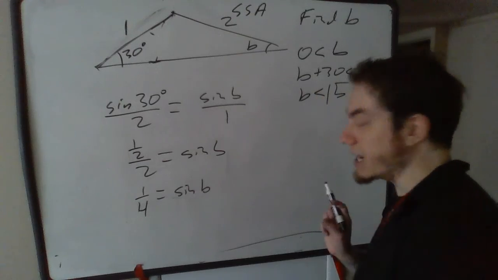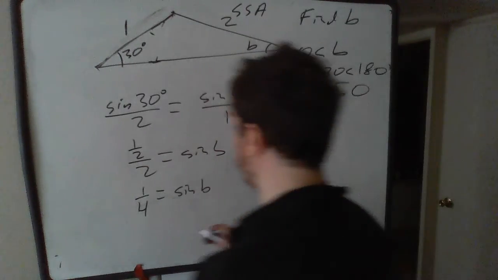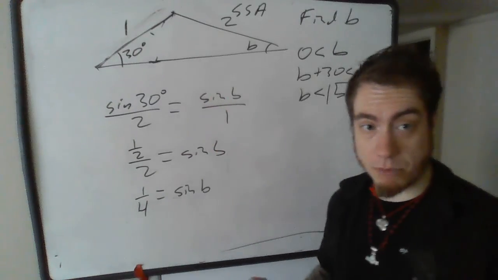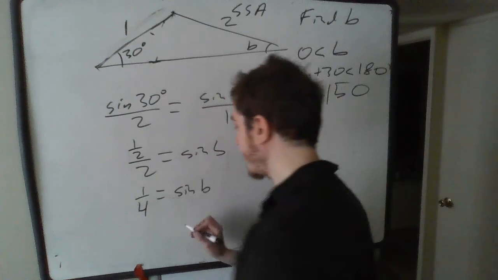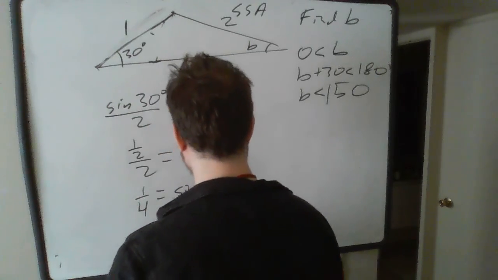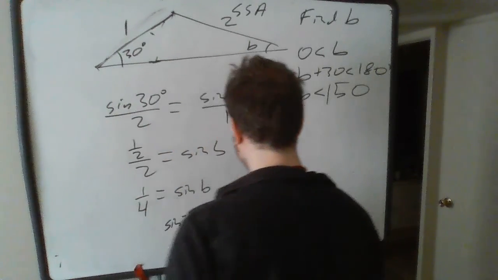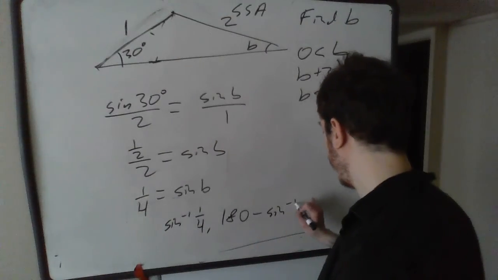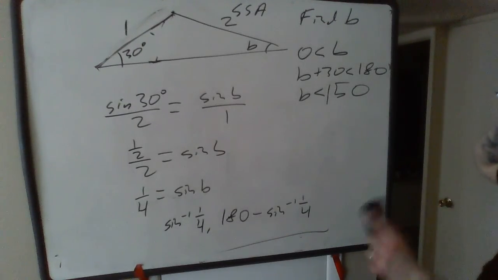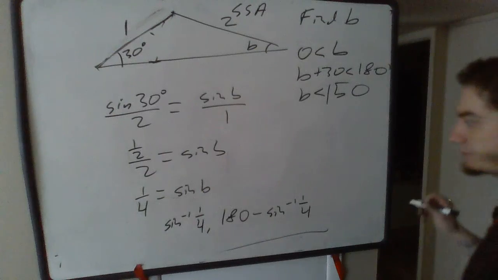Now, a priori, there are two possibilities here that I need to think about between 0 and 180 degrees. There's the inverse sine of 1/4, and then there's 180 minus the inverse sine of 1/4. But here is the problem.